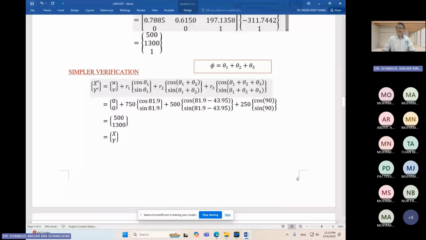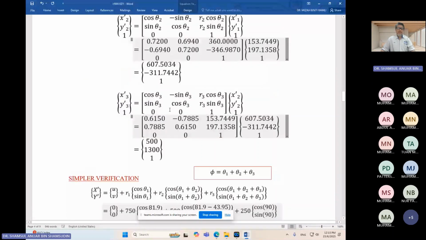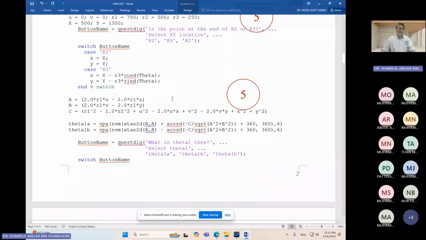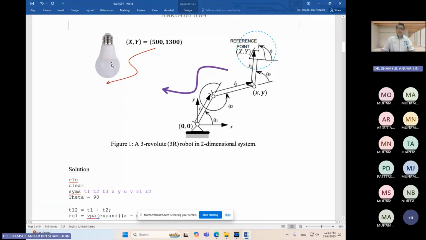So this last part, theta 1 plus theta 2 plus theta 3, is actually going to be P. You want to show that with your combination, you are going to get back this 51300, which is the final destination that you want to get to grab this menthol.